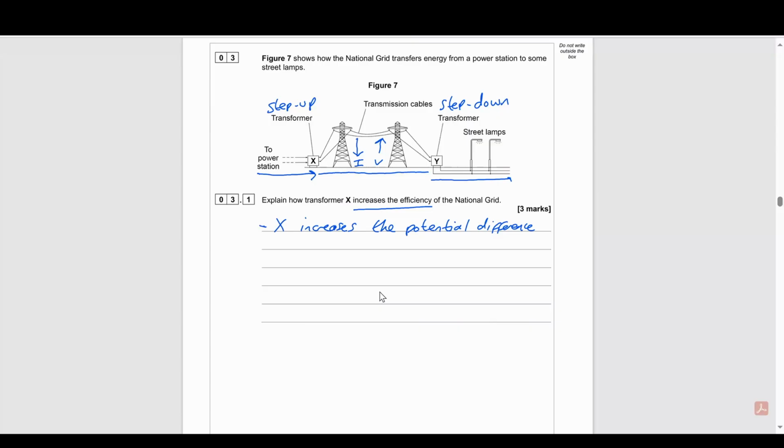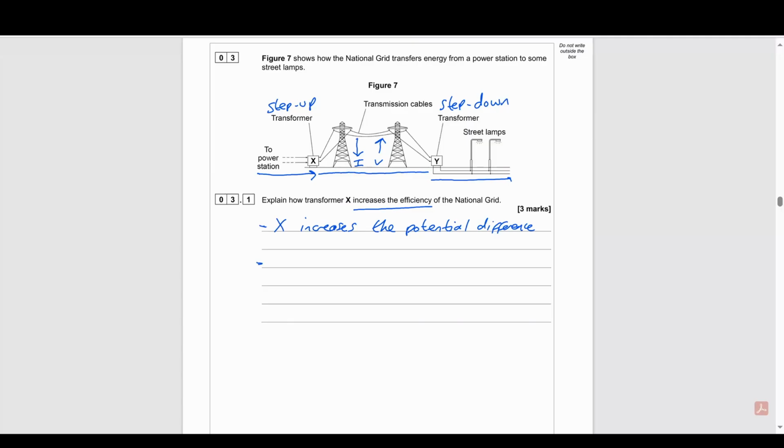Why do we want to decrease the current? We want to decrease the current so there is less power dissipated from the transmission cables, as that can happen very easily when the current is higher. But by decreasing the current and increasing the potential difference, the power that will reach the street lamps is still fairly high.